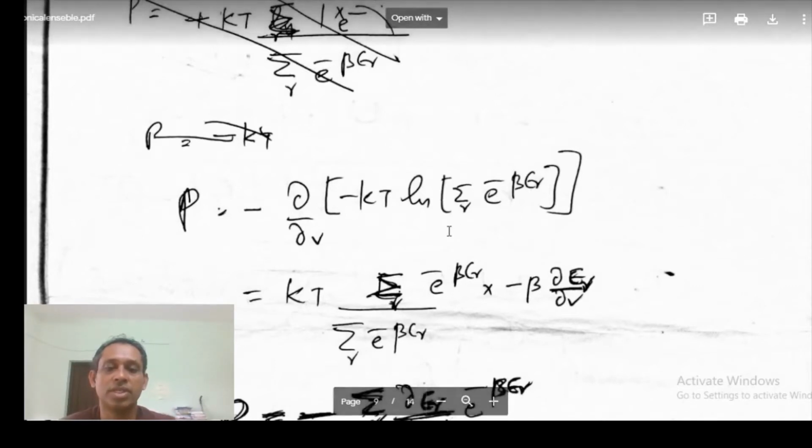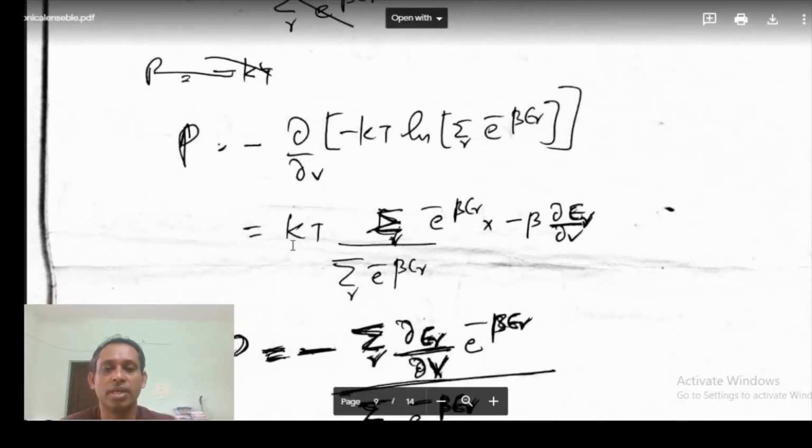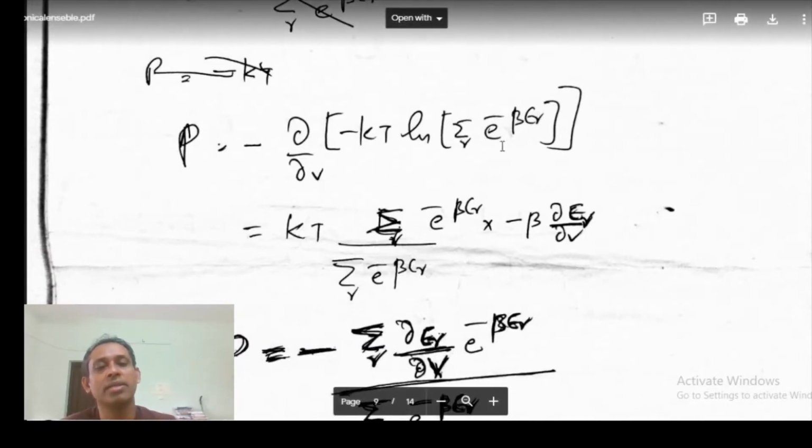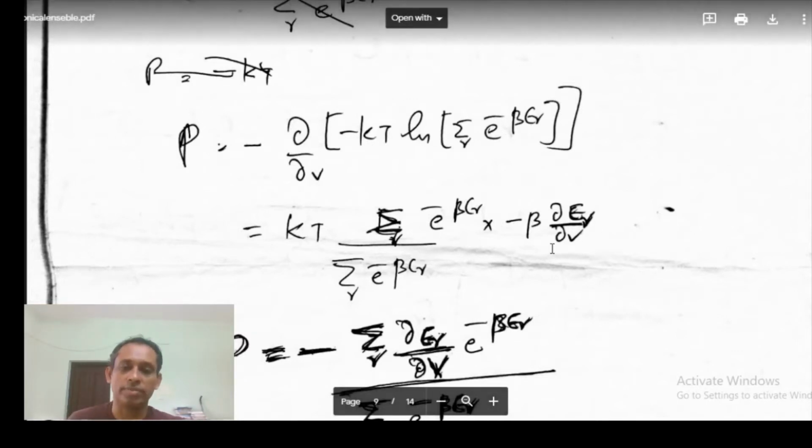As we differentiate, we have kT, and for the log we have 1 by sigma r e to the power minus beta Er, times sigma r e to the power minus beta Er, then minus beta dou Er dou V.